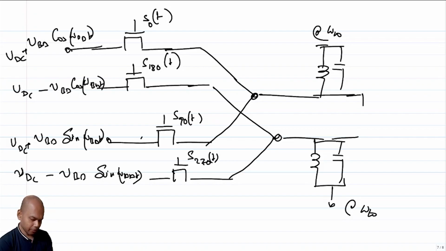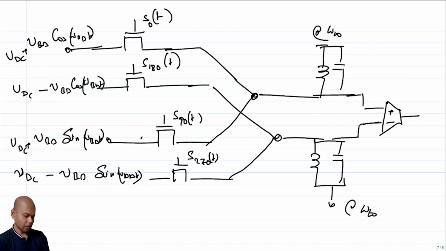And then you take them and pass it through a block which gives you a differential gain, or you can pass it through two different voltage controlled current sources, and then eventually feed it to a load. It depends on us, right?